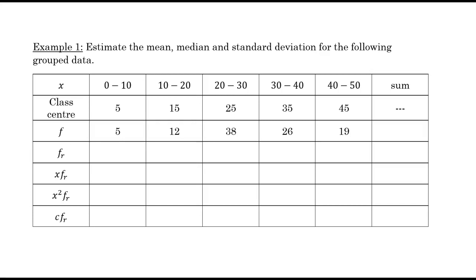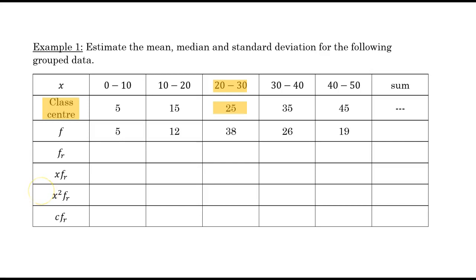But for the sake of my calculations, I need a value to multiply things and whatever else. So I find a class centre. That's just halfway between the bottom and the top of that class. So halfway between 0 and 10 is 5, halfway between 10 and 20 is 15, and so on. I've got a class, but my class centre is what I'm going to use for my calculations.